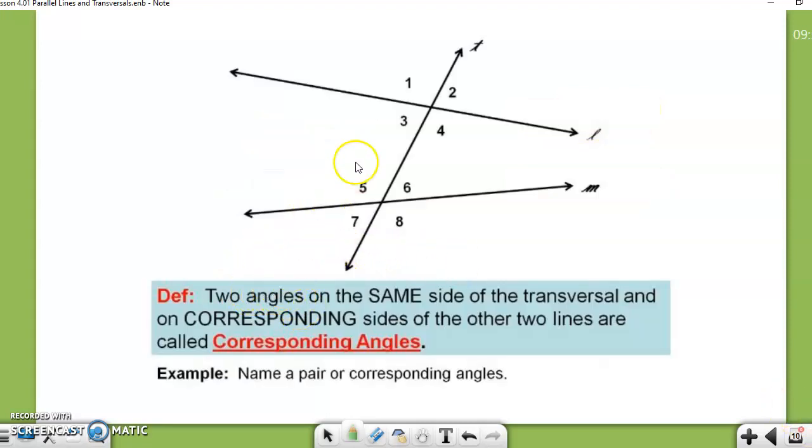Okay, corresponding angles are two angles on the same side of the transversal and on corresponding sides of the other two lines. So for instance, this one's on the top and this one's on the top. Those are corresponding angles.